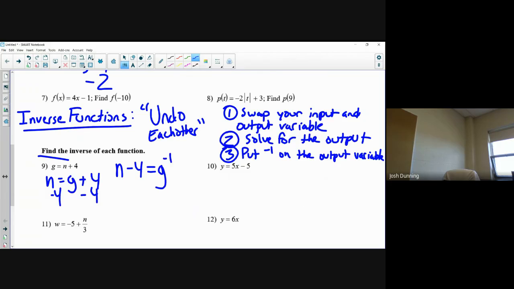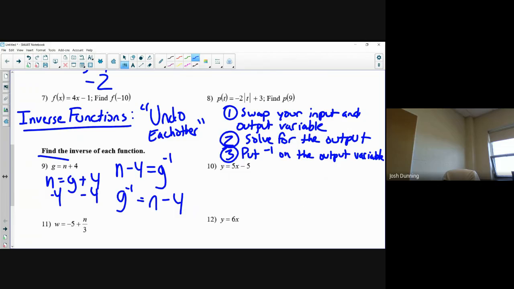Just put that -1 on the output variable. All that -1 means is inverse. You could reverse the order so it looks neater, but those are the same thing. And this should make sense. If the original function's adding 4, the opposite of add is subtract. There you go, minus 4.